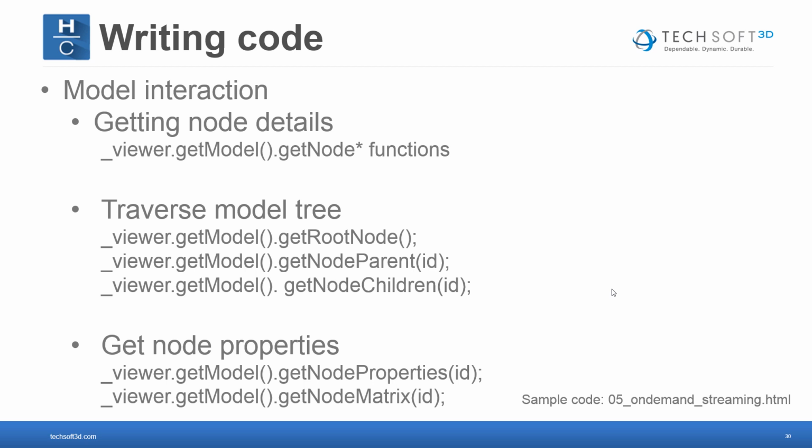Also, getting the node's properties is in this family of methods, which we have right here. So we can also get the properties and its matrix. Now, when we say node matrix, you can also specify if you want the local matrix or its net matrix. So that's handy there.